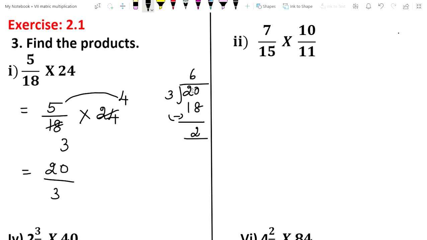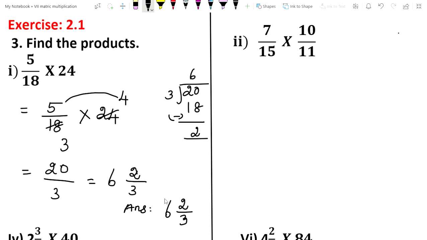So 1 minus 1. You have to do like this also. Okay children. Now what is the answer? Quotient is 6. Remainder is 2. Divisor is 3. Okay. So this is the answer. What is the answer children? 6 into 2 by 3.